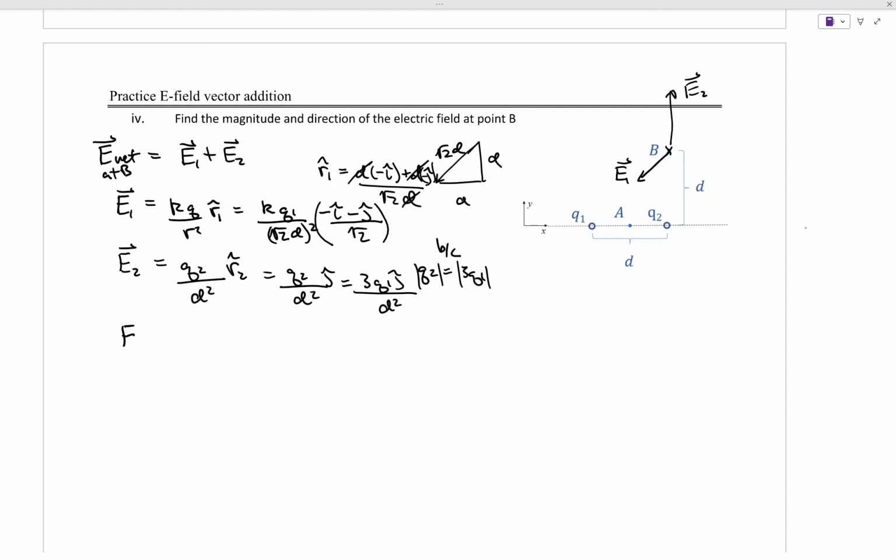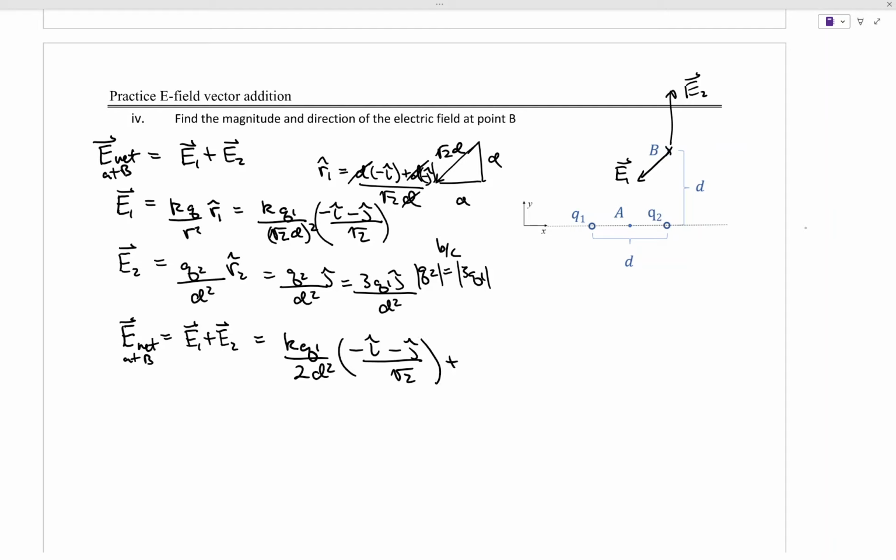Okay, so let's add these together then. So E net at B is E1 plus E2. And what are our contributions? So up here we have KQ1 over 2D squared times I hat minus J hat over root 2.